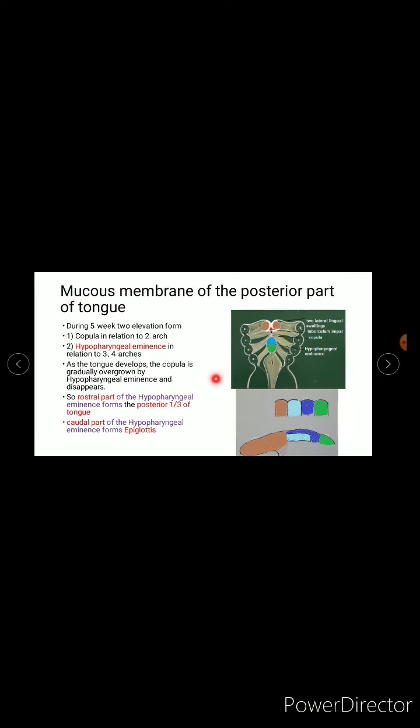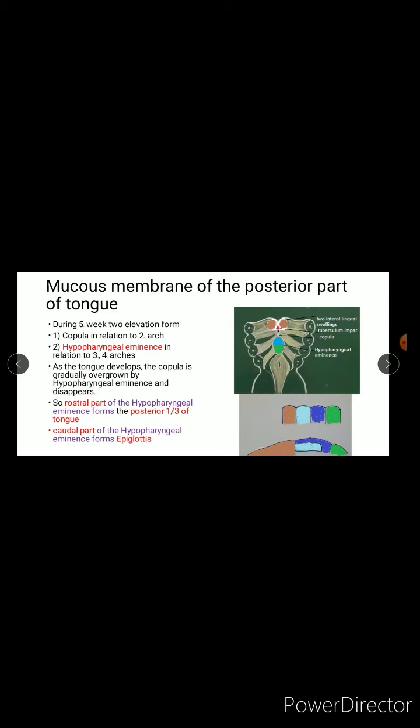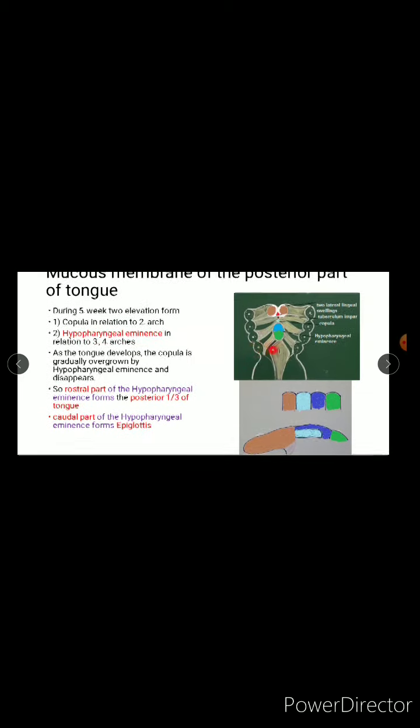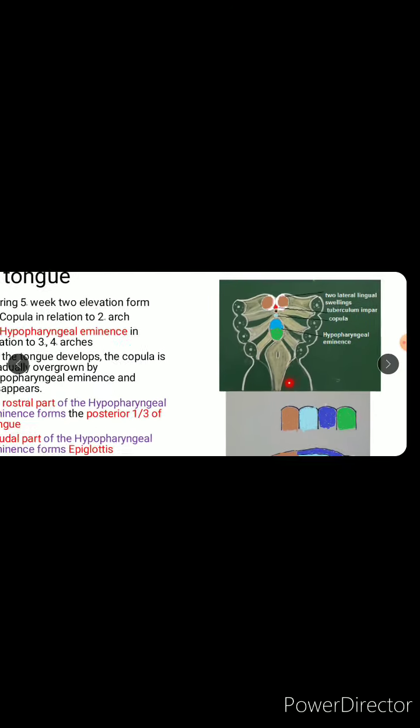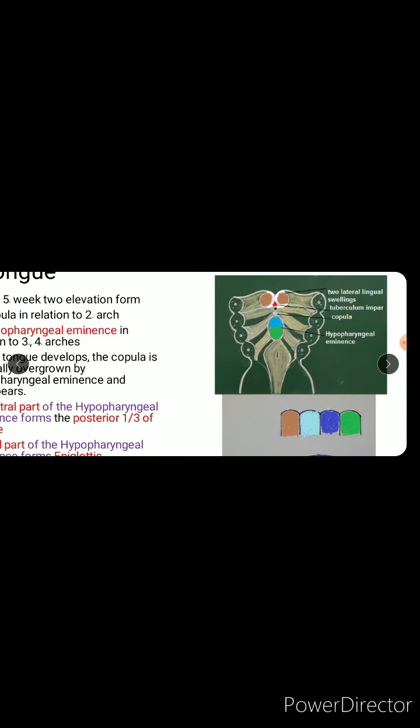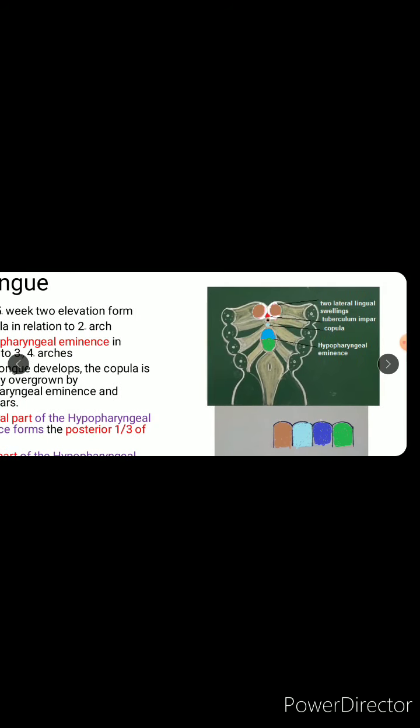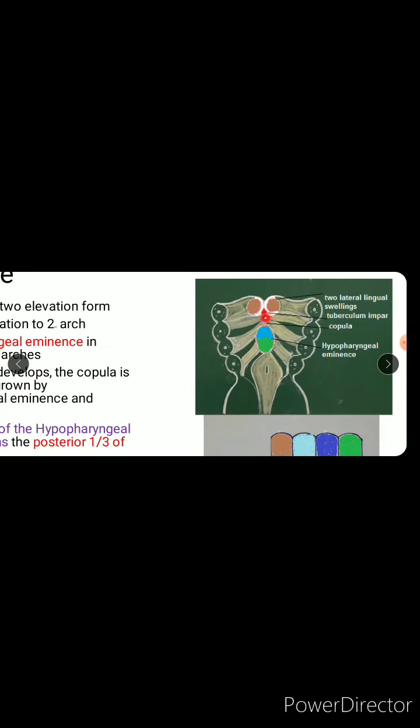Now the mucous membrane of the posterior part of the tongue. During the 5th week, two elevations form. Just caudal to the tuberculum impar, shown in black, a small swelling is formed in relation to the second arch.